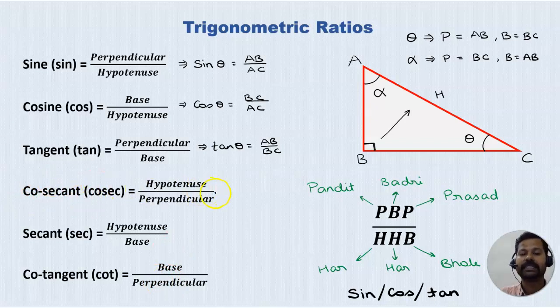Cosecant, or cosec, is just the reciprocal of sine. So if sine is perpendicular upon hypotenuse, P upon H, then cosec will become H upon P. Secant is the reciprocal of cos, not a proportionality sign, let me use an equal sign here. Cosec is 1 upon sine, sec is 1 upon cos, and cotangent, cot, is the reciprocal of tan.